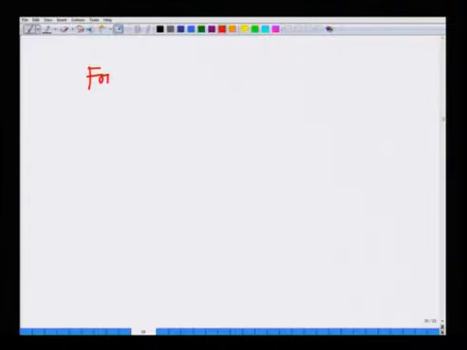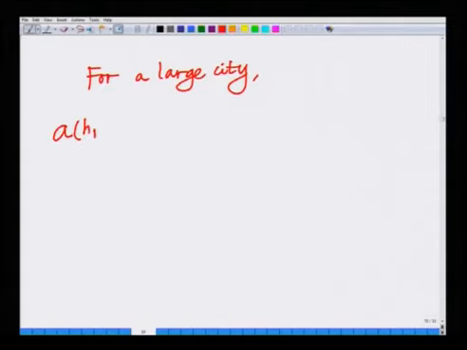And for a large city, these correction factors are given as follows, that is AHRE. Again here we have two expressions for a large city.